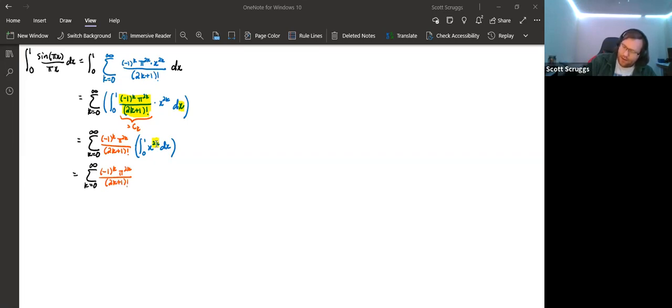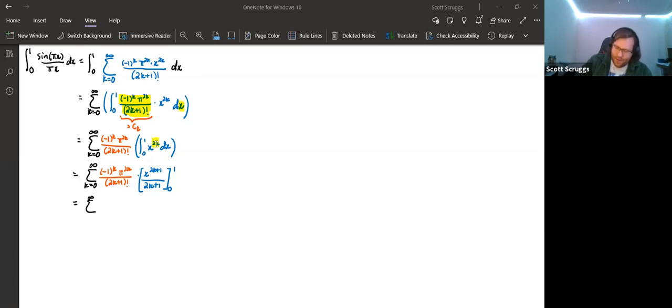And like you said, x to the 2k plus 1 power over 2k plus 1. Now, this is a definite integral, so I still need to evaluate at both the upper bound and the lower bound. So let's do that explicitly.